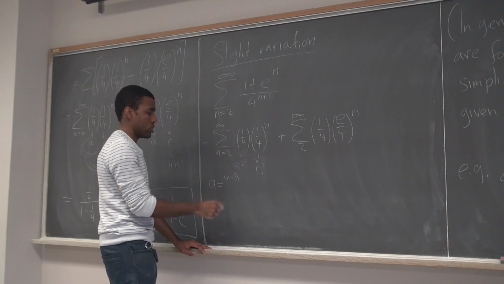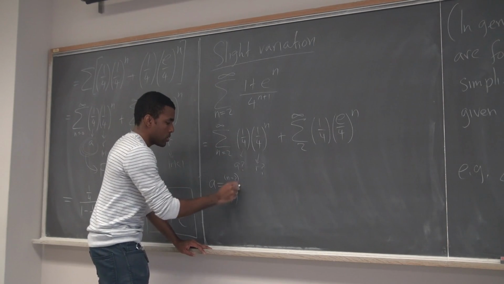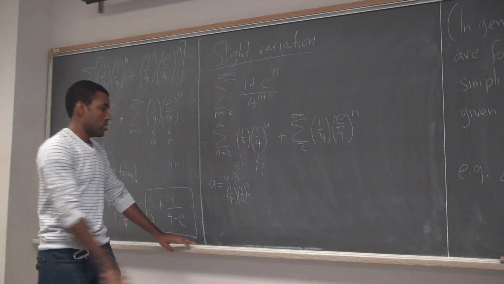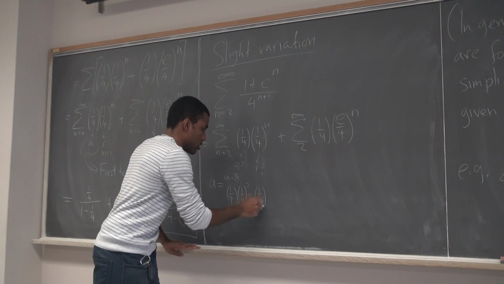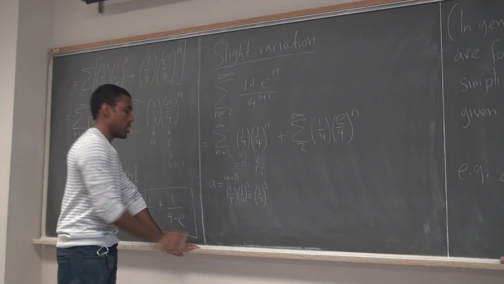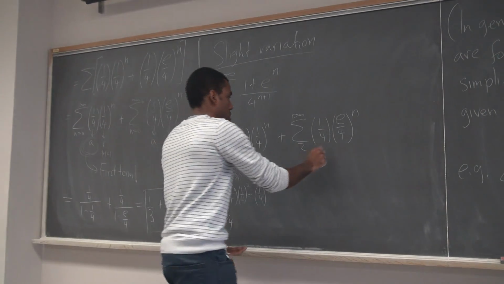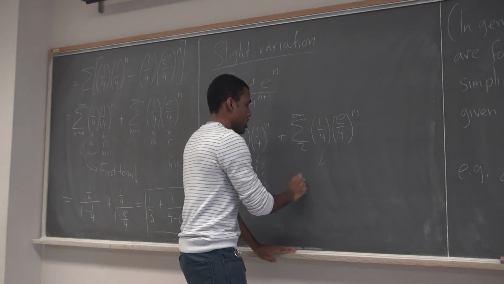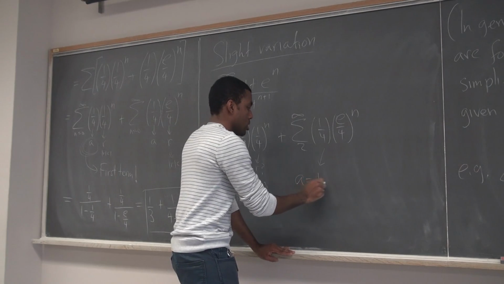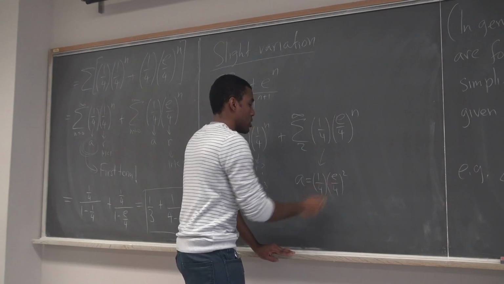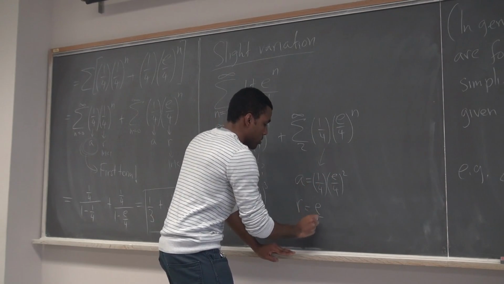So you plug in n equals 2, you get a quarter times a quarter squared. So that's just 1/4 cubed. That's going to be your a. Your r is just a quarter. Similarly here, your a is actually a quarter times e over 4 squared. Your r is e over 4.